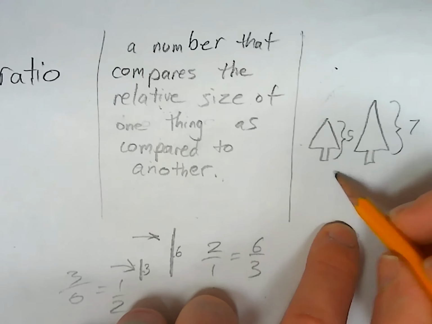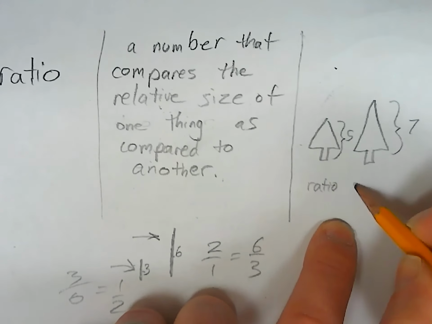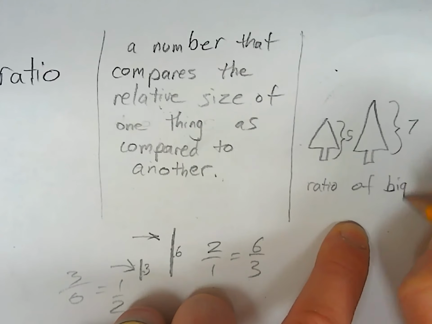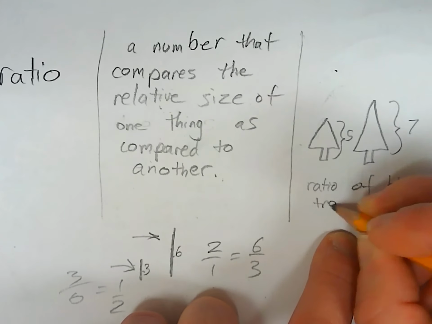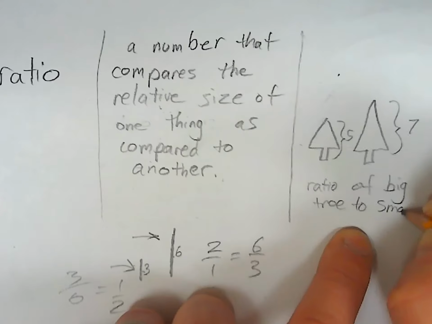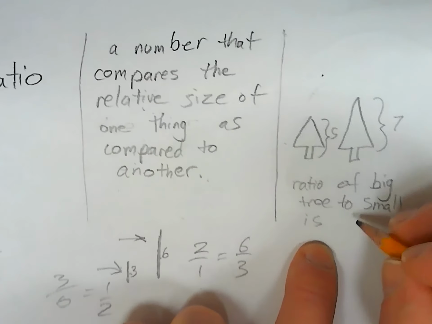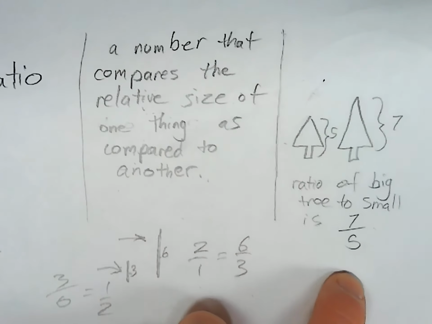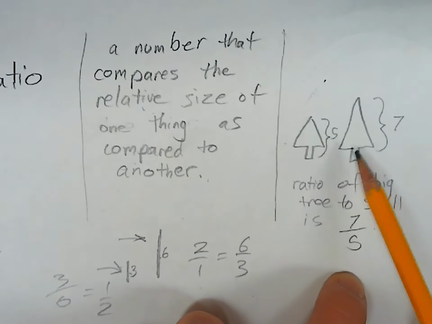So the ratio of big tree to small tree is 7 to 5. And in this case, that is the scale factor.